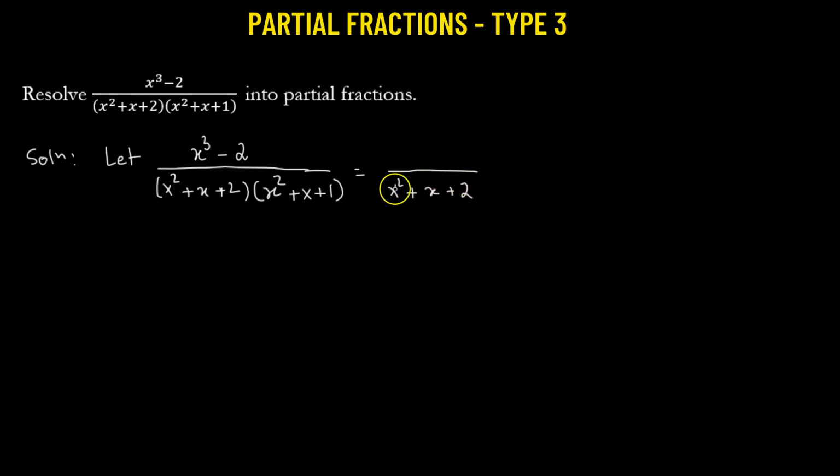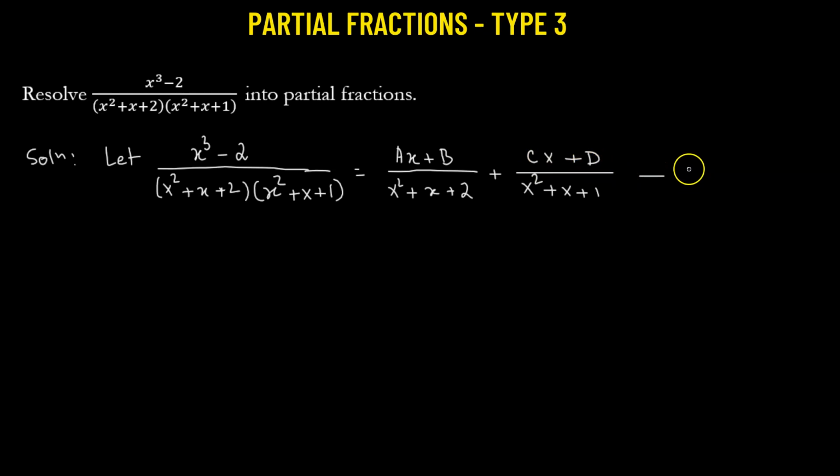Now, in the numerator, since we have a quadratic factor in the denominator, the numerator is going to be represented by ax plus b. Then the second partial fraction, the denominator portion, is going to be x squared plus x plus 1 and the numerator is going to be denoted by cx plus d. So our goal will be to determine the value of a, b, c and d.